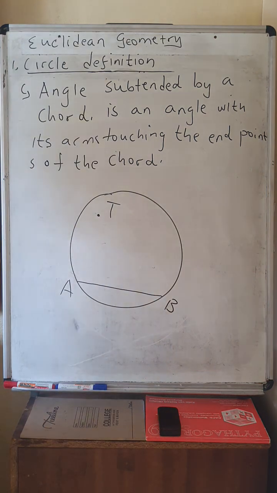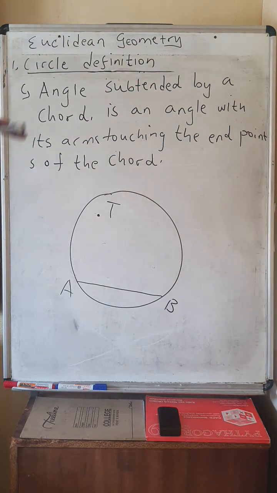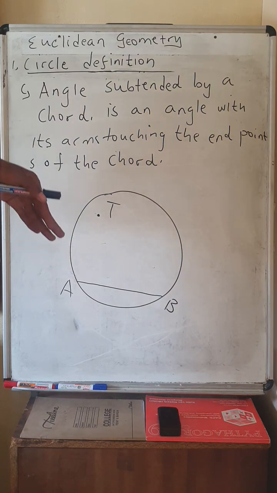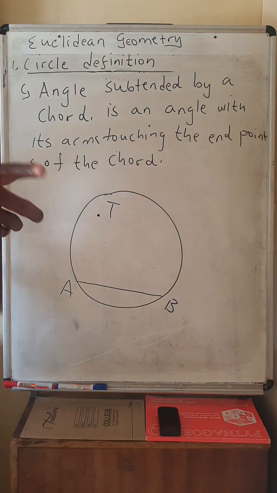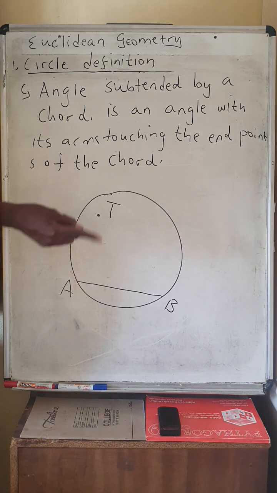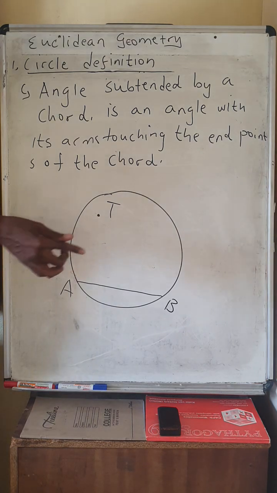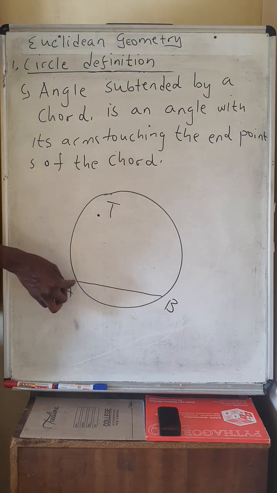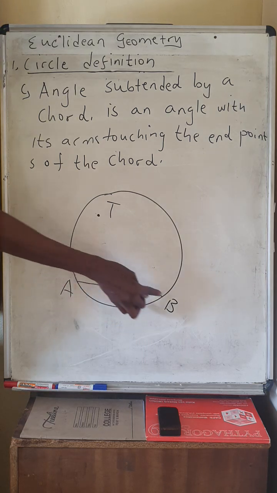We said an angle subtended by a chord is an angle with its arms touching the end points of the chord. So if I want this chord to subtend an angle at T, to enclose angle T, the arms of this angle must touch A and B.